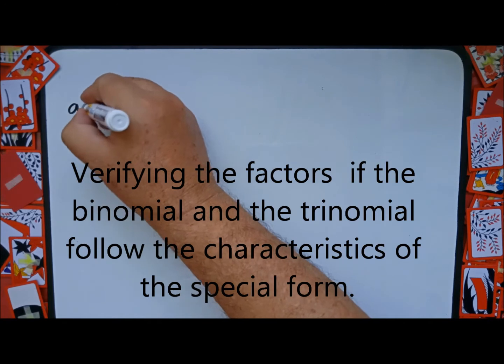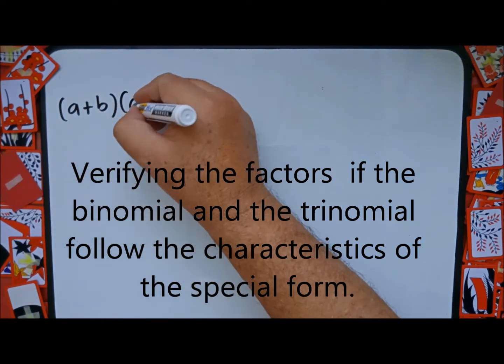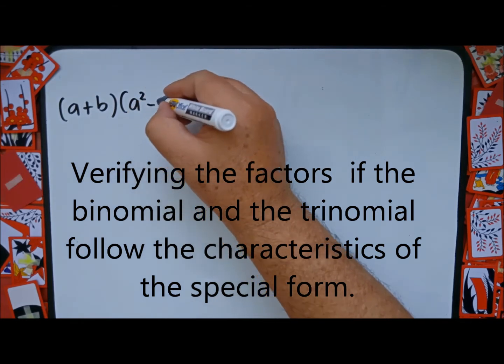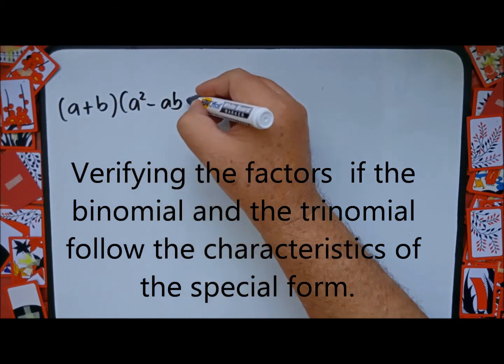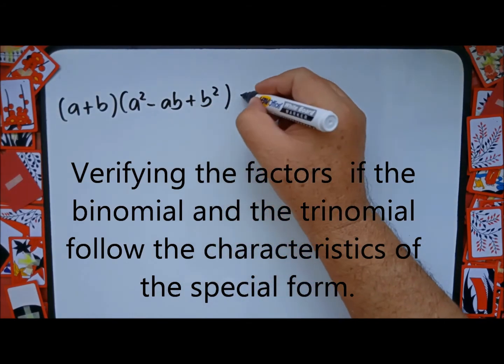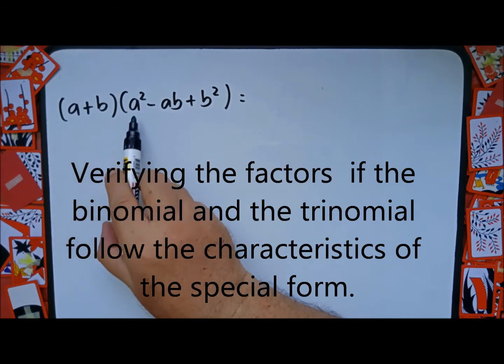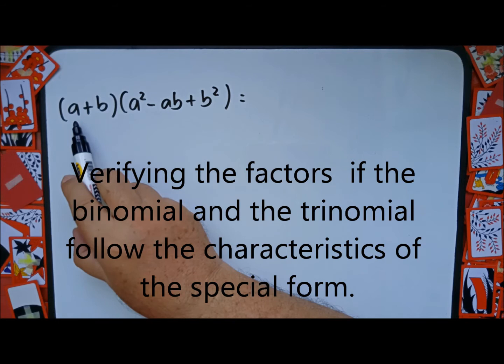A plus b times a squared minus ab plus b squared. Okay, the first term of the trinomial is the square of the first term of the binomial. So, is this the square of the first term of the binomial? Yes, check.